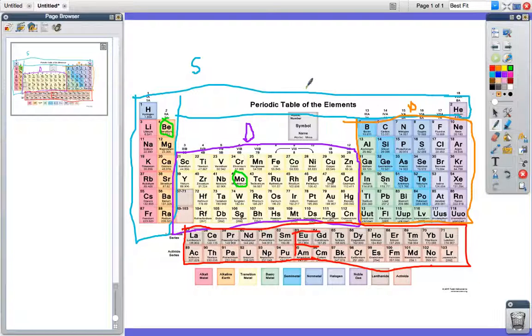That's when you include all of the energy levels that the electrons pass through. But now I'm going to teach shorthand. So what you do is you go back to its closest noble gas, which is right here, krypton, and you just put krypton in brackets. So I'm going to put molybdenum right here.